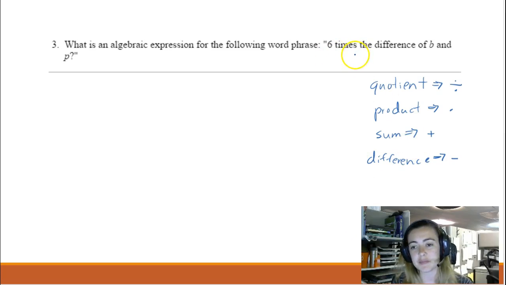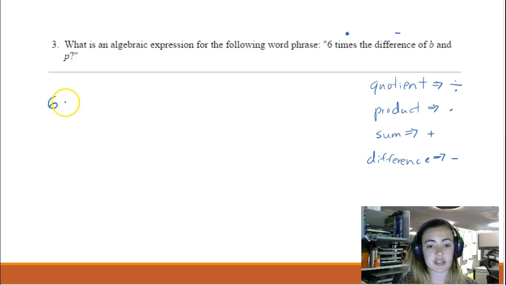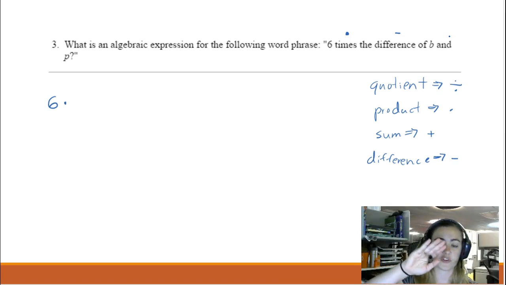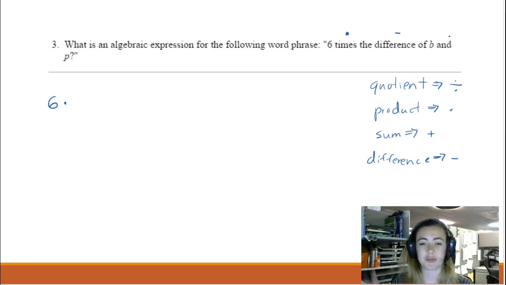So 6 times, so times means multiply, so 6 times the difference, that's subtraction, the difference of b and p. Remember, it goes first, second. So first one minus the second one, b minus p.